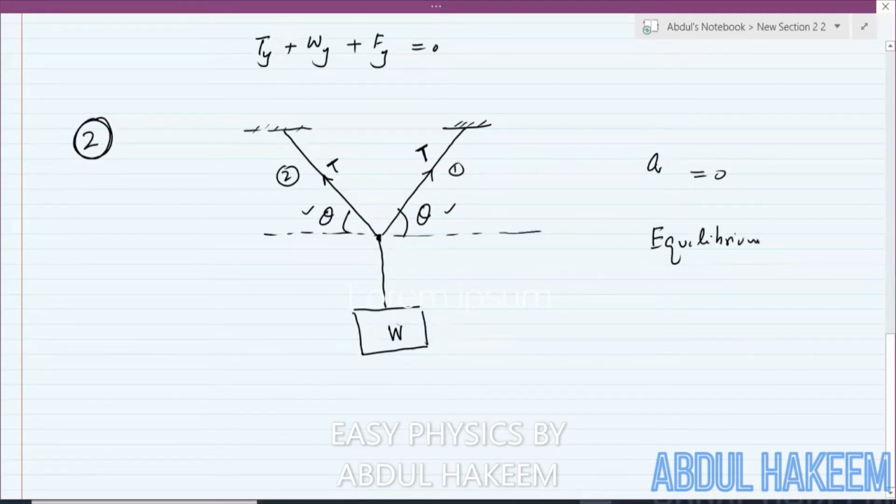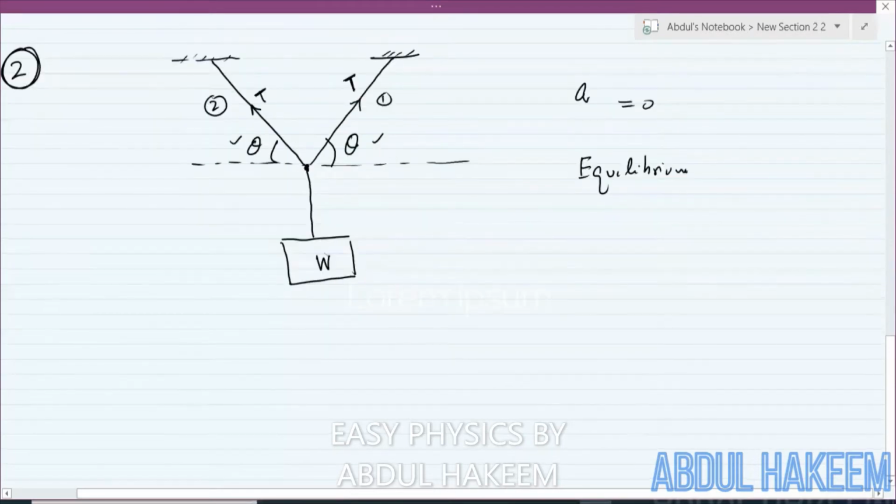Three forces are acting, and the vector sum of three forces is 0. Look, this is weight, number 1 tension in this direction, and number 2 tension in this direction. So look, it's a closed triangle.